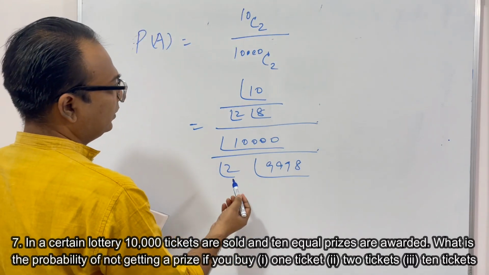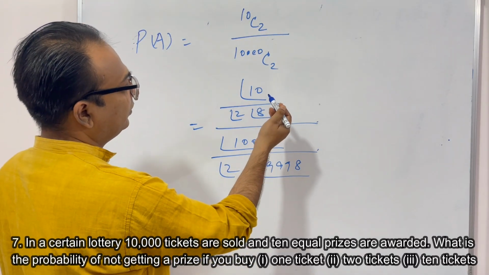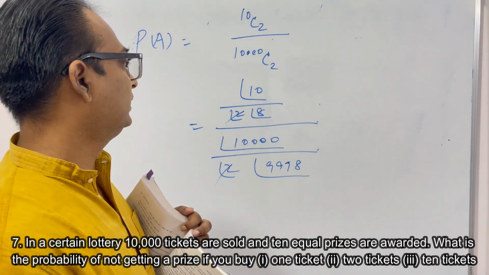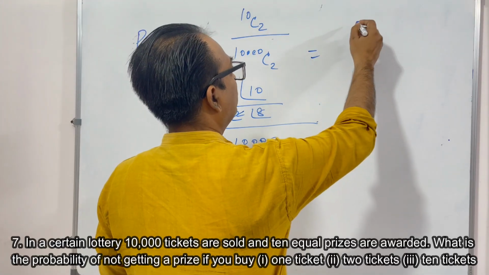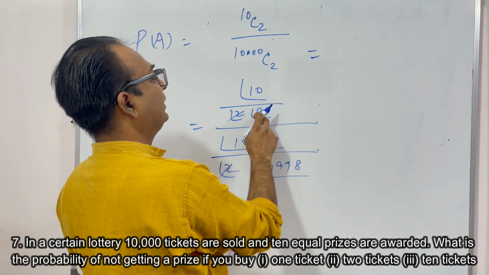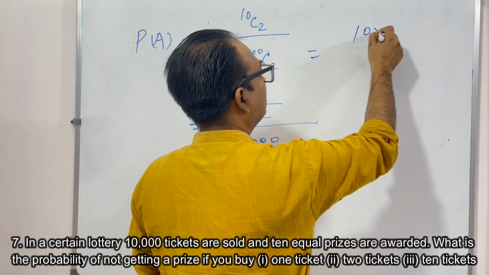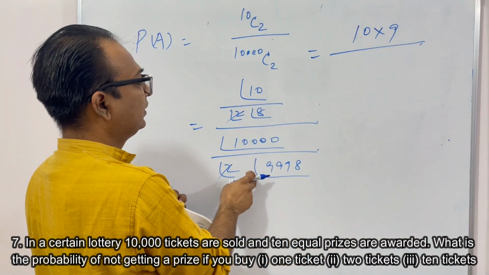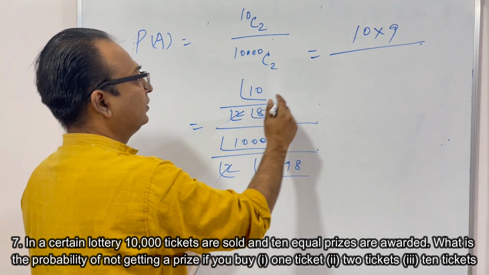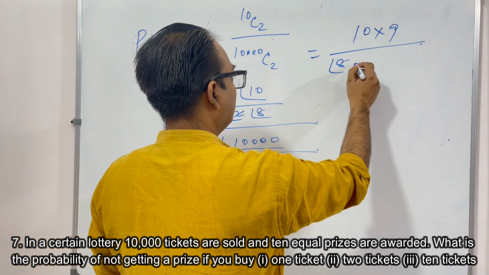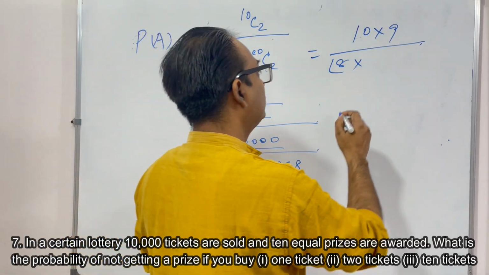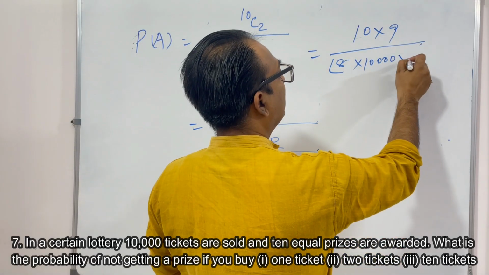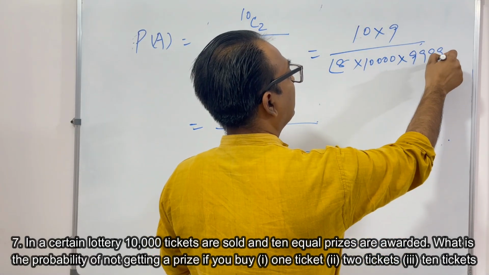When it goes up, factorial 2 will cancel, and factorial 8 also, so this will be 10 cross 9 by 10,000 into 9999.